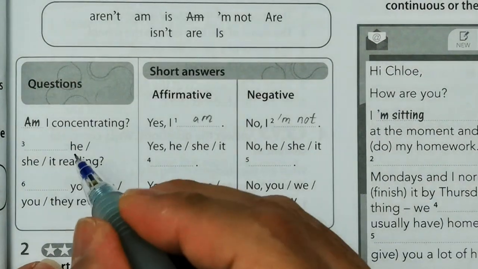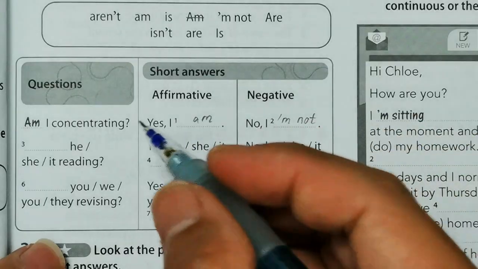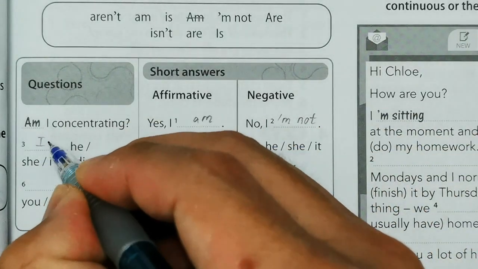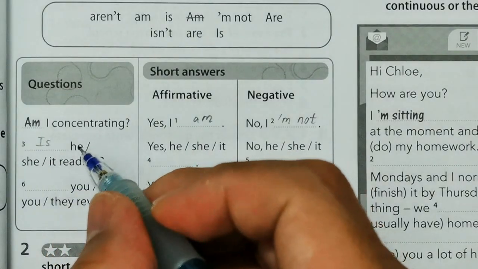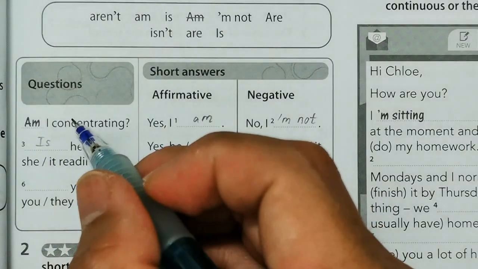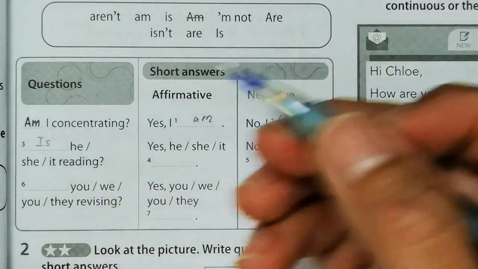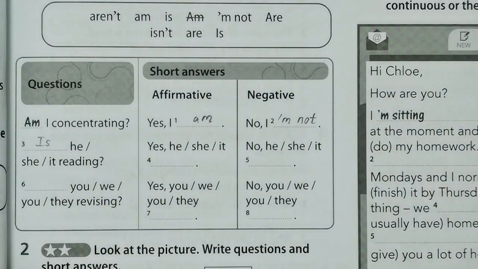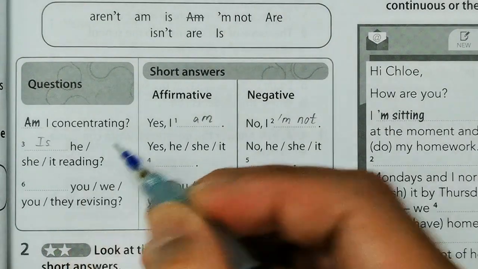And then number 3, he, she, it, reading. So we have is he. So basically we have these 3 pronouns here. So you will need to use the verb to be here. So this is verb to be, is. So is he, she, it reading, or just simply is he reading, is she reading, is it reading.